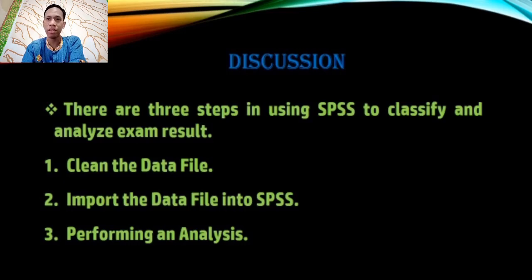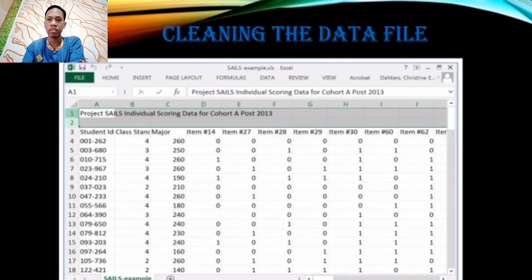The first is to clean the data file. So first of all, you need to open the Excel file which contains the data, and then you need to delete the first 2 lines of the data file so that the first row contains the names of the variables. And then after that, delete all lines after the data.